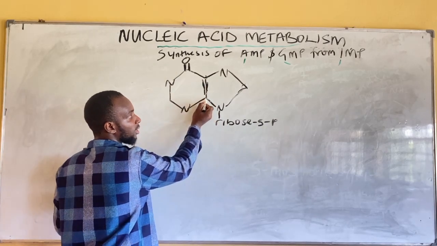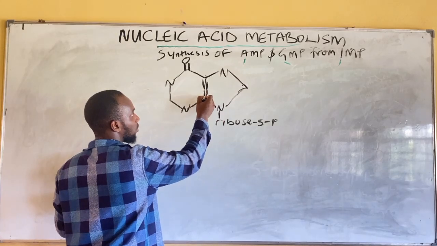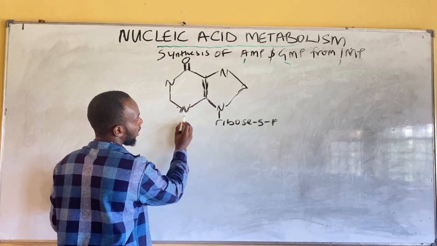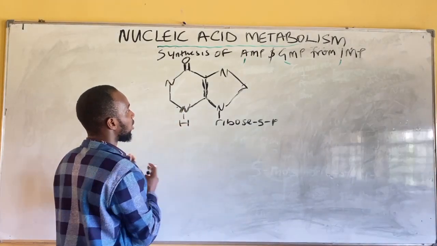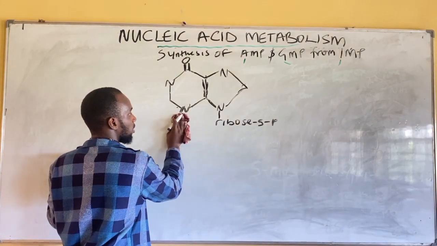The carbon here is bonded to 1, 2, 3, and 4 as well, so it's complete. The nitrogen here is bonded to 1, 2, so there's actually a hydrogen here, but you don't have to show it. The hydrogen is implied.